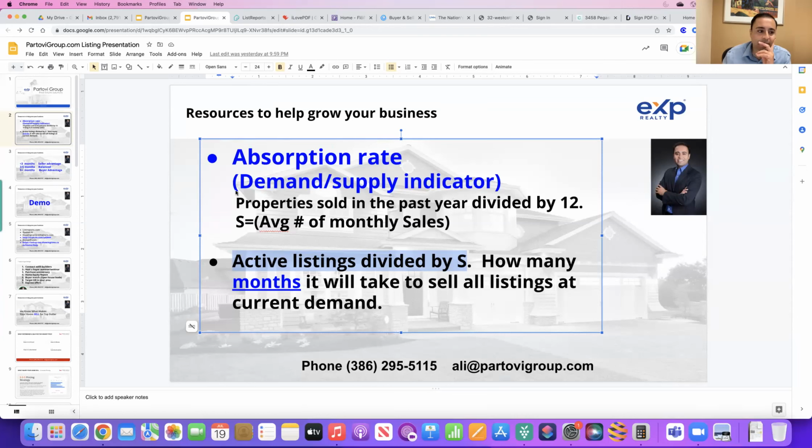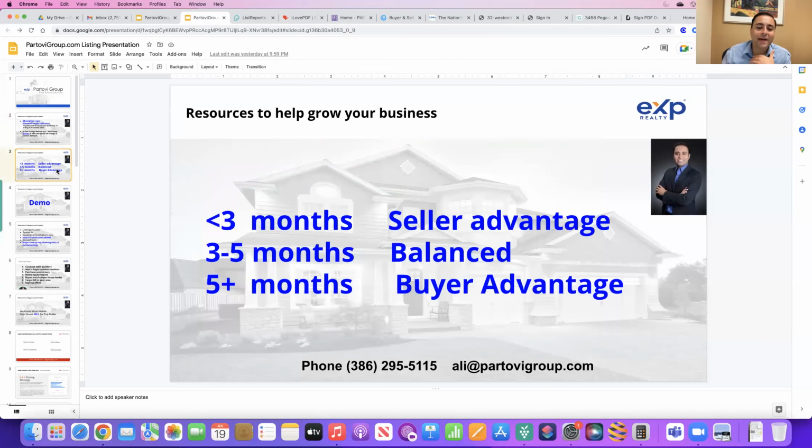Okay, so let's jump in and do one other piece of information before we get to the demo. In my opinion, if your absorption rate is less than 3 months of average sales, there's a seller advantage, which means that there is more demand than there is supply, which basically means there's more buyers than there are sellers. 3 to 5 months, I consider a balanced market.